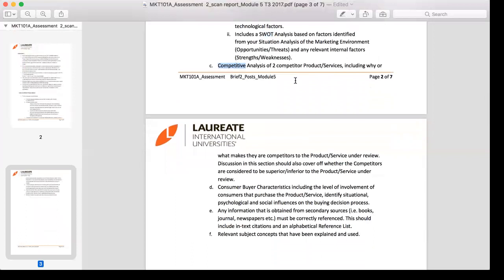Then competitive analysis, where you explain two competitors' products or services, including what makes them competitors to the products that we are reviewing. I got a question some time ago: my product is a new product, therefore I don't have competitors.